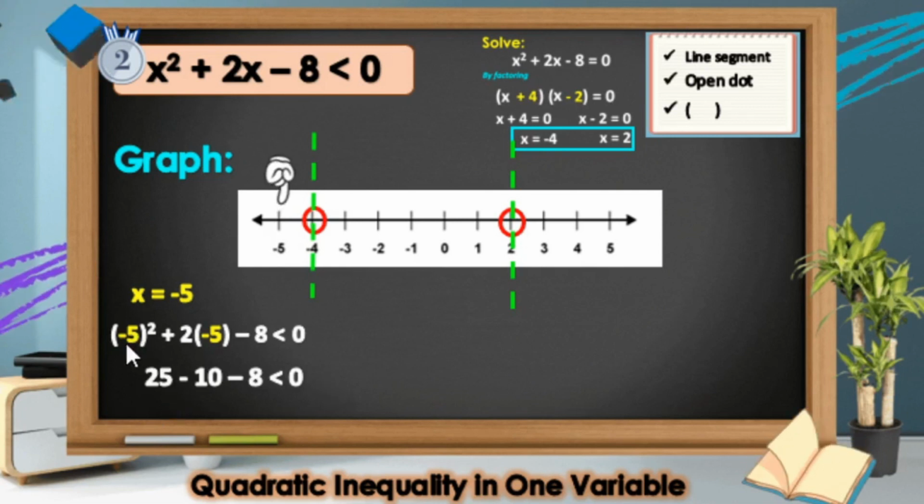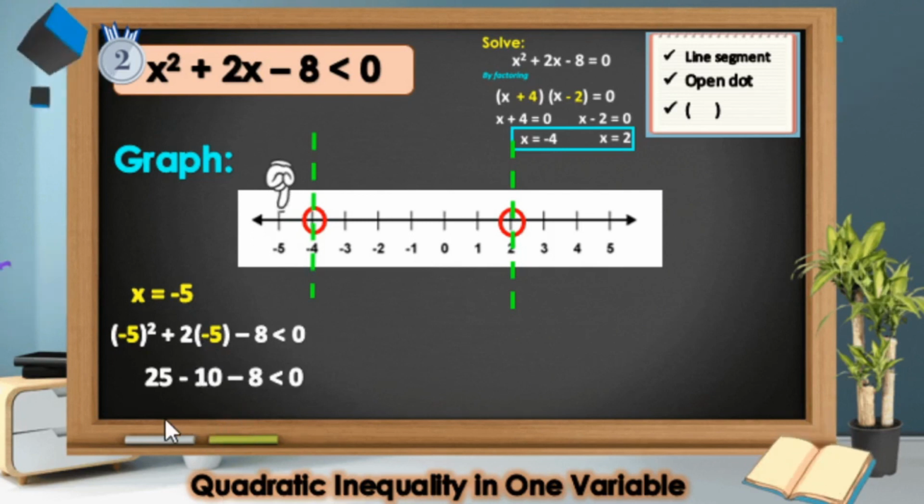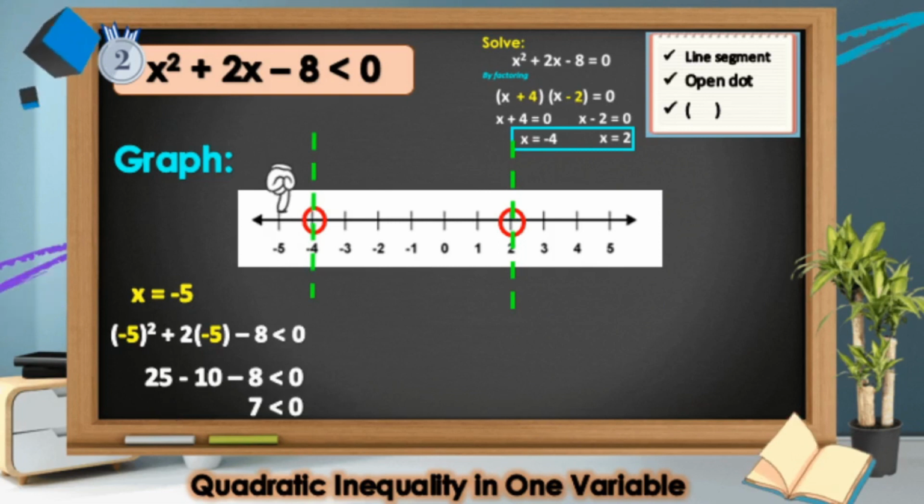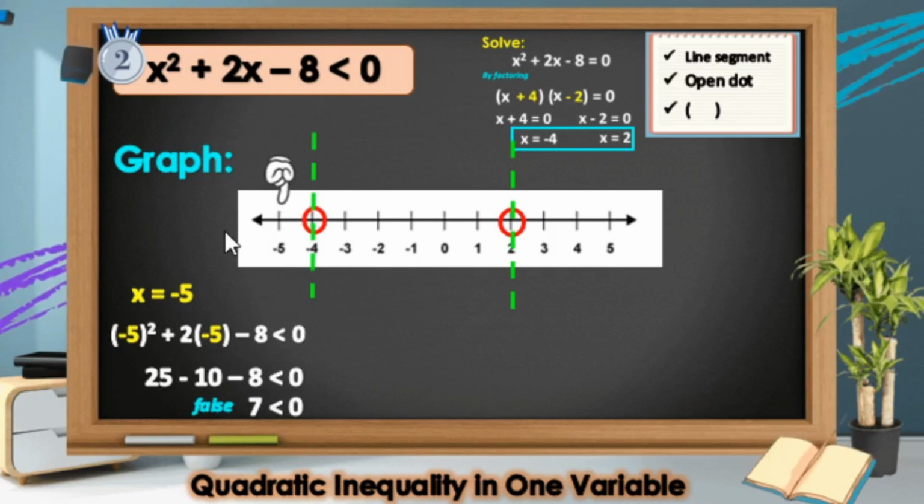So, 25 galing sa negative 5 squared. Etong 2 times negative 5 is negative 10. So, 25 minus 10 minus 8 is 7. So, therefore, is 7 less than 0? False. So, syempre, hindi. No? So, hindi natin isi-shade to dahil nag-false.